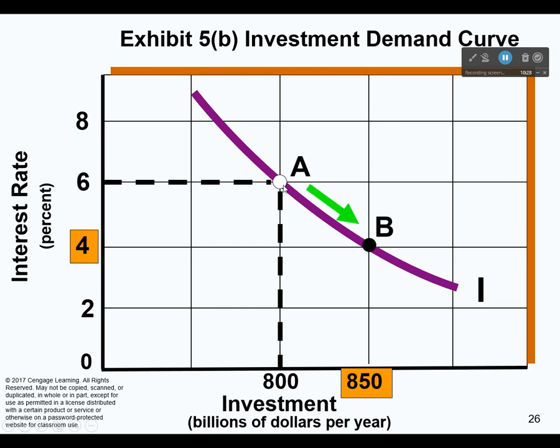The rate dropped from 6 to 4. That causes us to move down the I curve here, the investment spending curve. And investment spending increases from $800 to $850 billion a year as interest rates fall. So you see the inverse relationship between interest rates and investment spending.